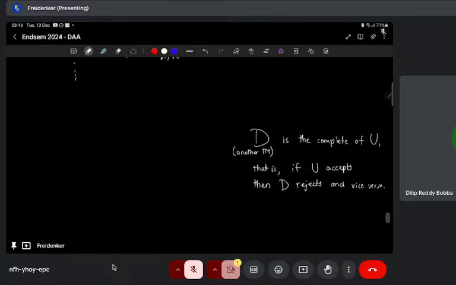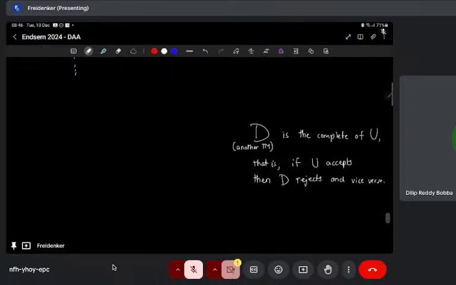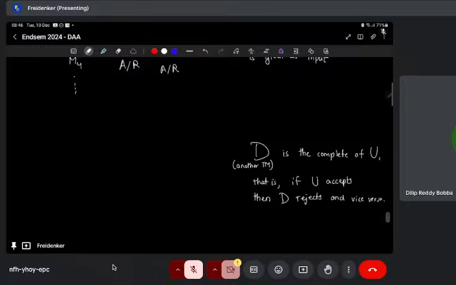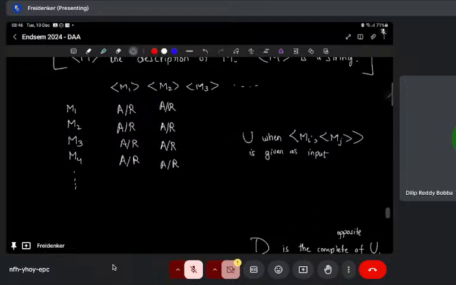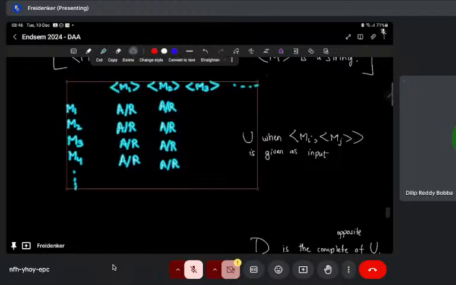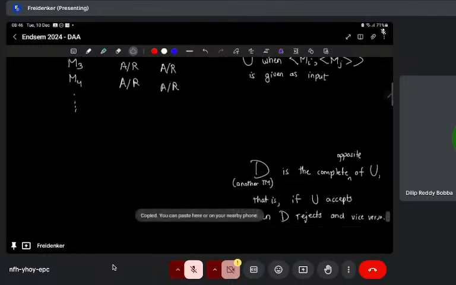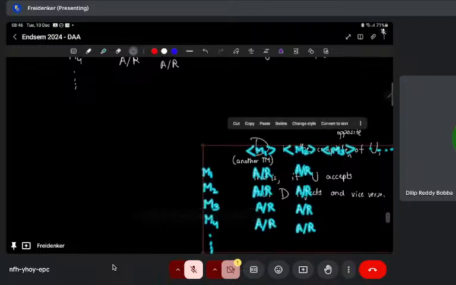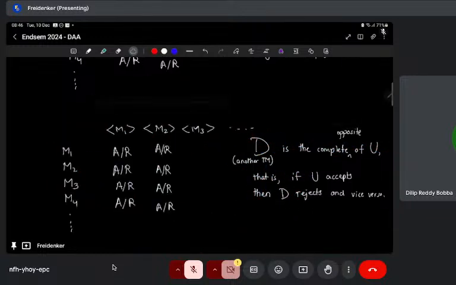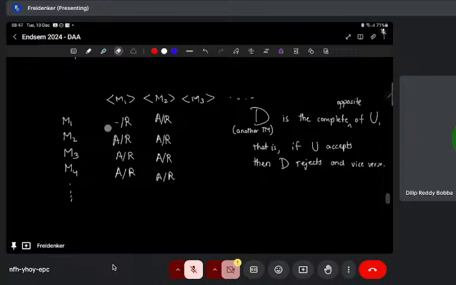So how is its table going to look? Everything is the same, but the only thing that's different is the response. I'll just copy this. Instead of accept, reject, it's reject, accept.